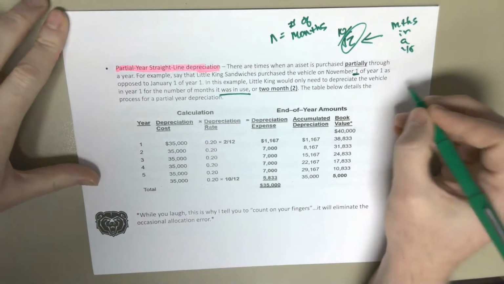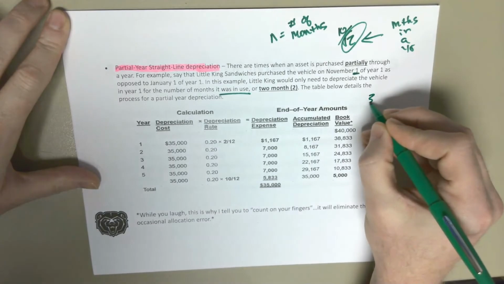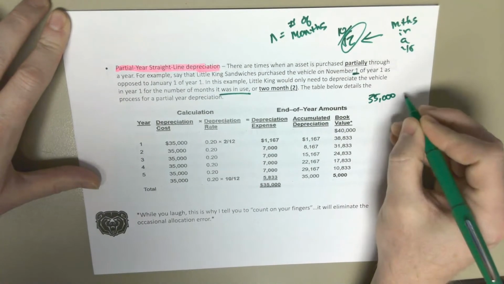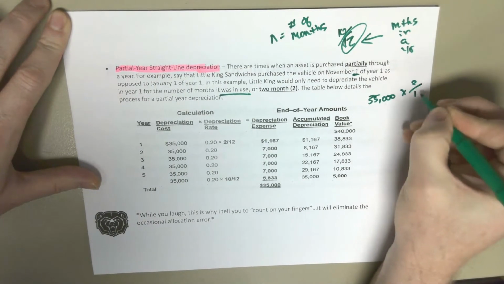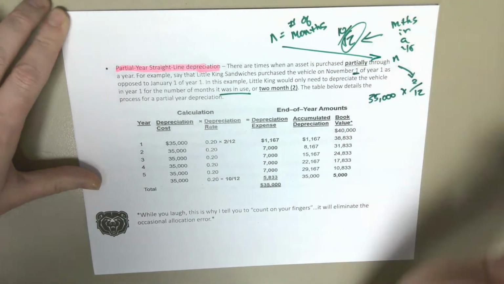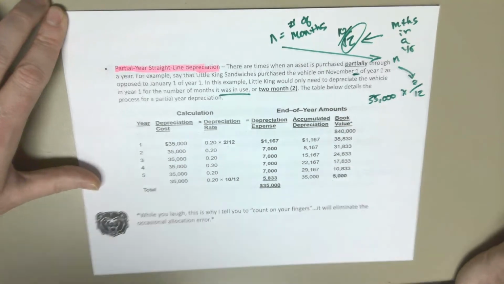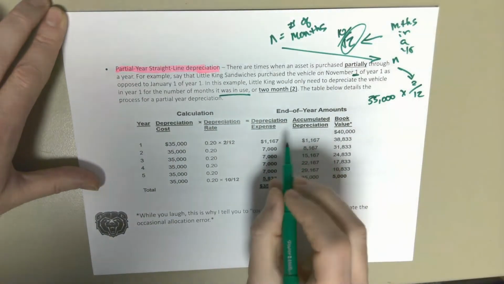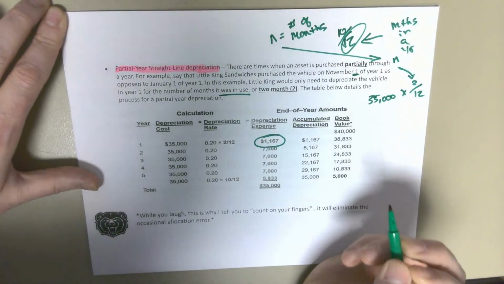So we would multiply the depreciable base, 35,000. So this is the same vehicle, except now we're going to multiply it times 2 over 12. 2 is that N, right?